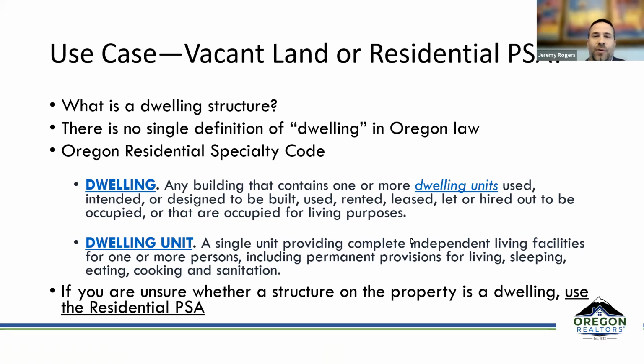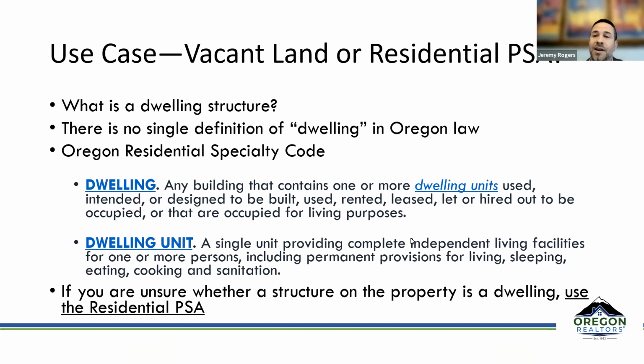What if there's a shop or a garage? Can we still use this form? Yeah, so if there was a shop or a garage and that shop or garage would reasonably be presumed to not have been built for or to not be used for residential purposes, then it's unlikely to be considered a dwelling unit. And then that's on the residential side, but then you're also going to want to say, is it being used for commercial purposes?